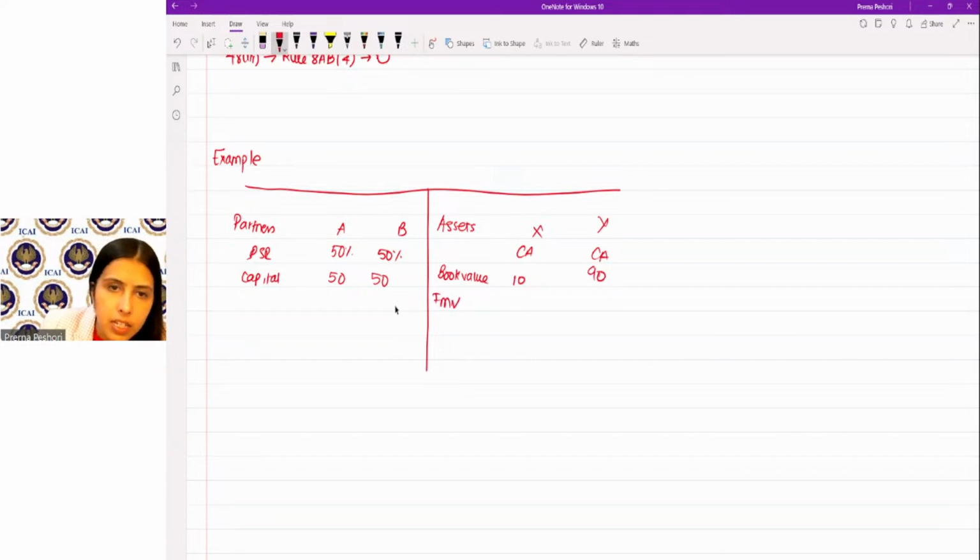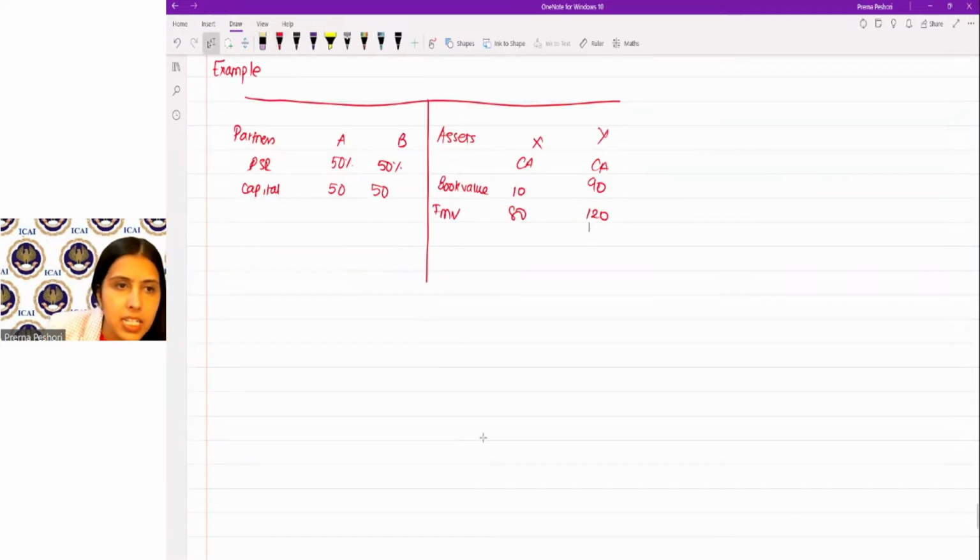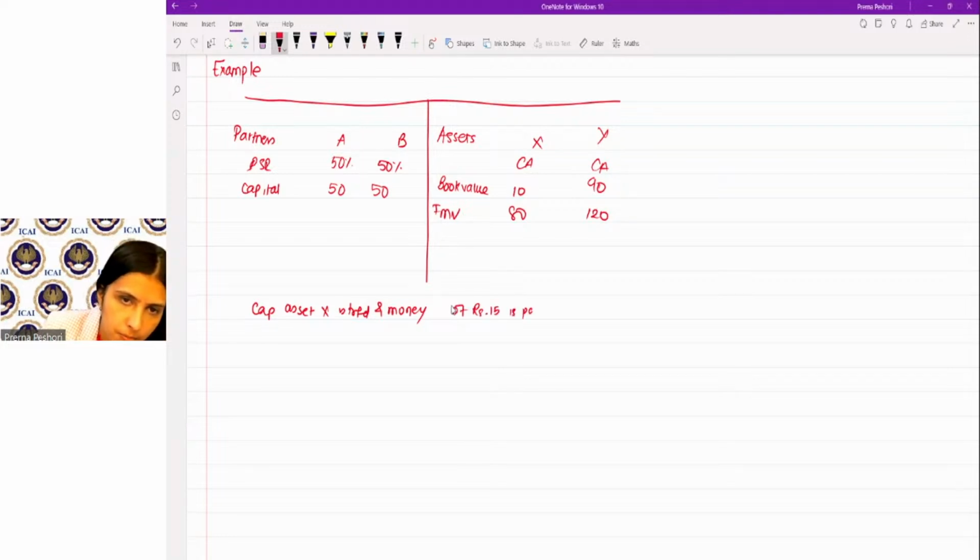FMV is 80 and 120. Now A is retiring, so capital asset X is transferred and money of 15 is paid. Okay, fine.